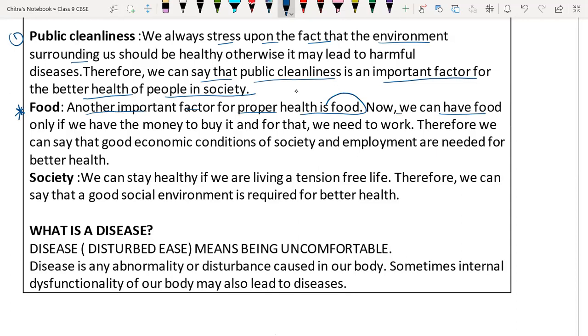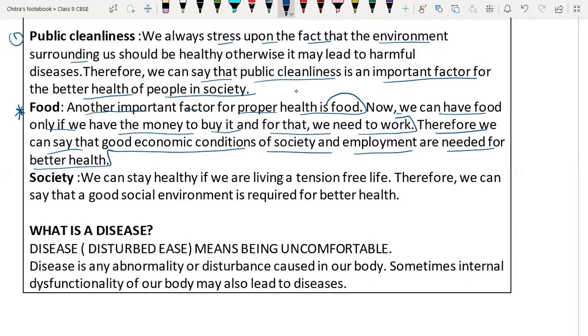Now we can have food only if we have the money to buy it, and for that we need to work and earn, and then we are able to buy food as per our requirement. Therefore, we can say that a good economic condition of the society and employment are needed for better health. It directly depends on our health. Is it, everyone?